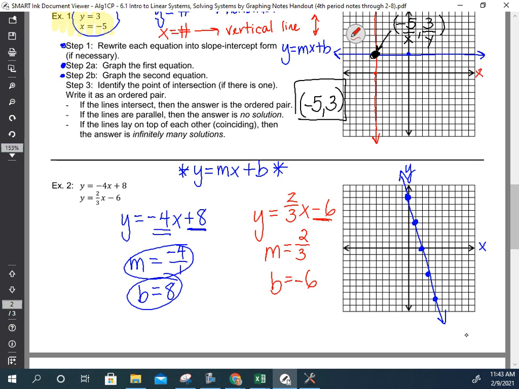We follow the same rules. Go to the y-axis, put your point, 1, 2, 3, 4, 5, 6. Point on -6. Go up 2, to the right 3. Up 2, to the right 3.